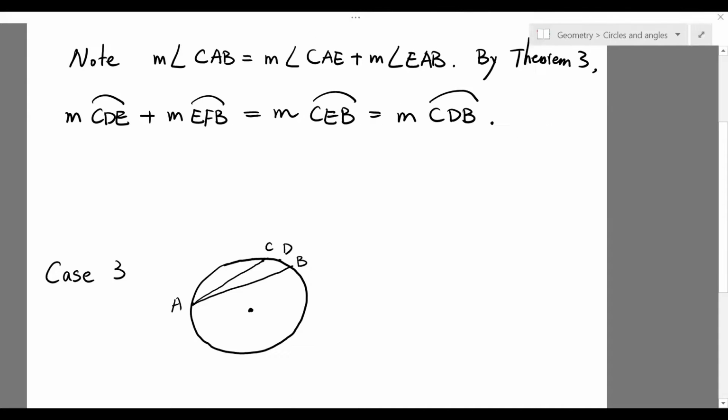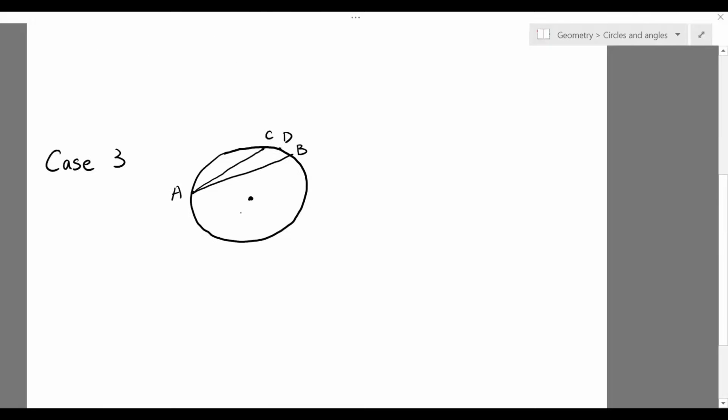Lastly, let's consider the third case, in which the center O is in the exterior of the angle CAB. The idea is similar. We just construct a diameter AE. In particular, the measure of CAE is equal to half the measure of the arc CBE, for instance.